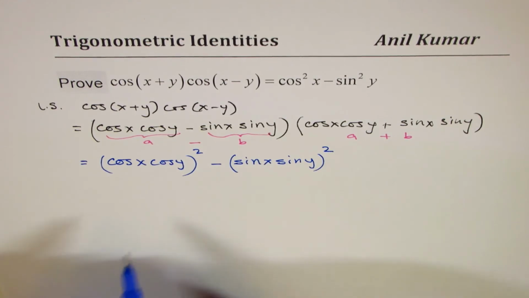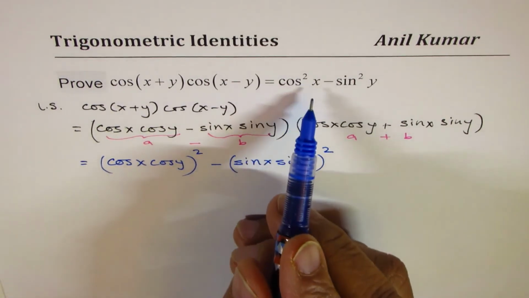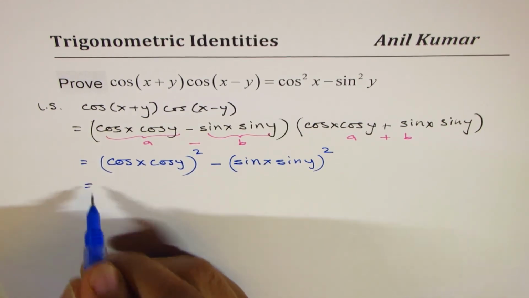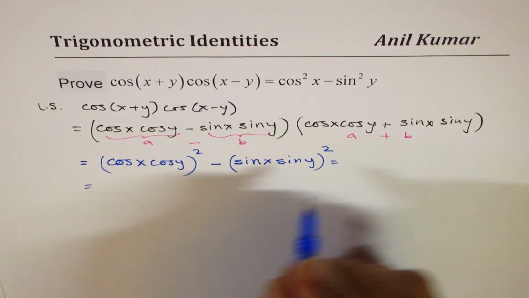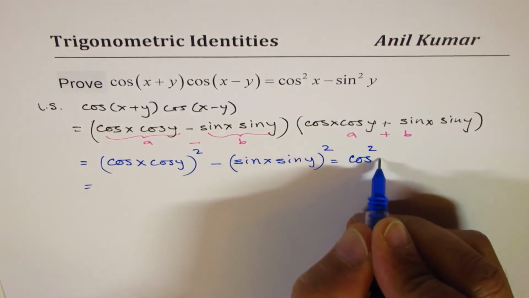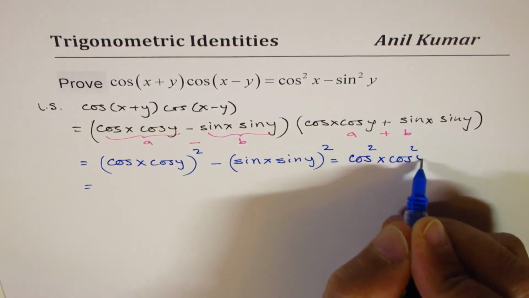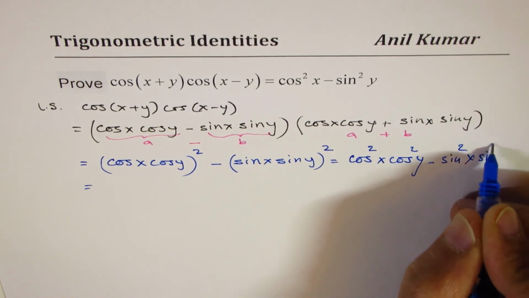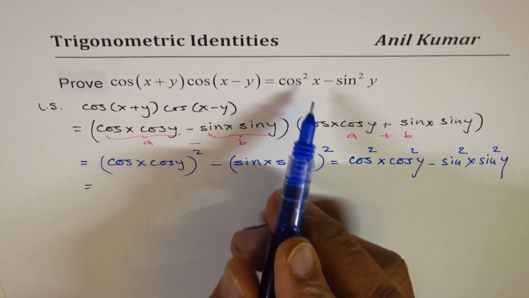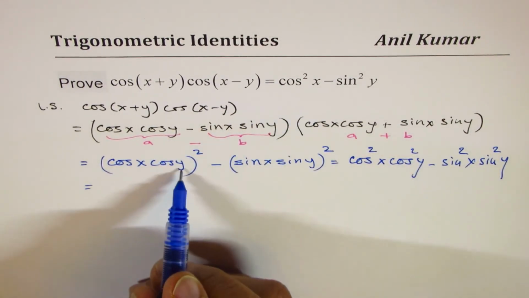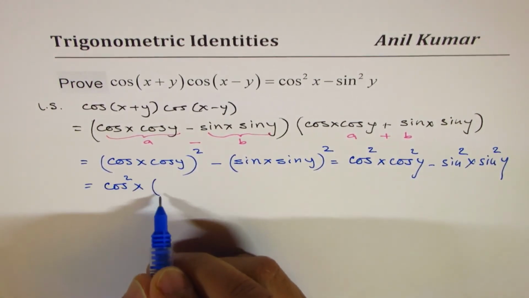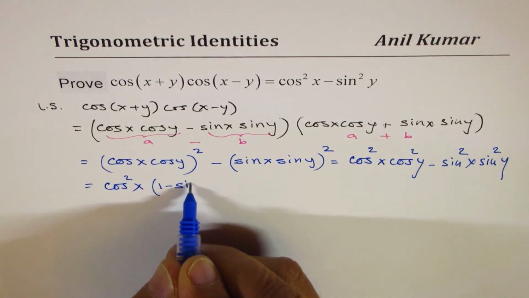Correct? What do we need to prove? Cos square x. So in cos we need only x terms, not the y term. Basically, let me rewrite this first as cos square x cos square y minus sin square x sin square y. So we need only cos with x terms, not y. So we'll write this as cos square x and this we'll write as 1 minus sin square y.